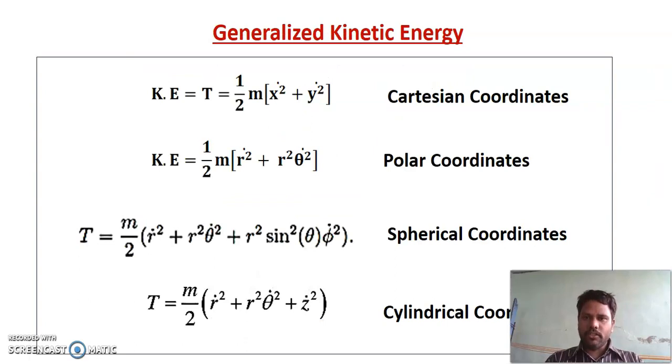Kinetic energy. We know that kinetic energy is given by half m v square.